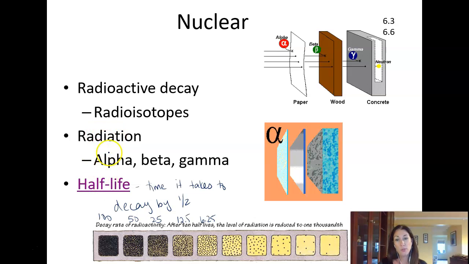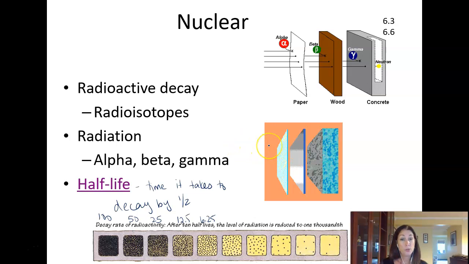Now, as it's going through this half-life, a radioisotope will give off radiation in the form of alpha, beta, or gamma rays. An alpha ray is going to be able to be blocked by paper. So it will hit paper and be blocked. It's not very penetrating. It can't move very far, but it can cause damage if you breathe it in, say, to your lungs.